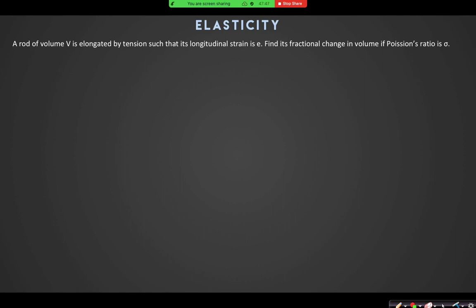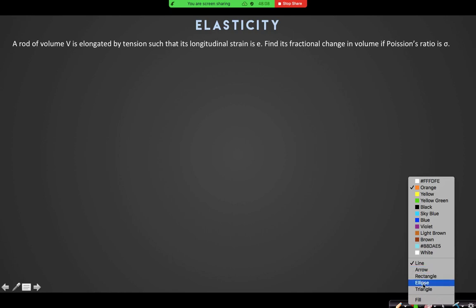There is another thing that we should know, which is Poisson's ratio. Yes, Poisson's ratio is a ratio where we have taken into consideration the longitudinal strain as well as the lateral strain. What do I mean by longitudinal and lateral strain?